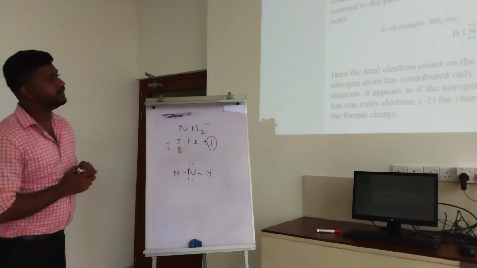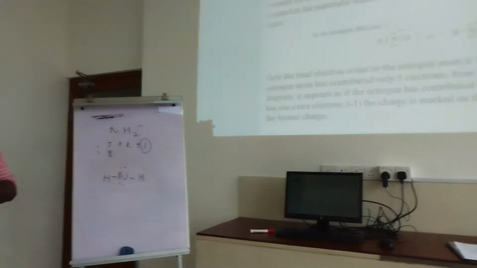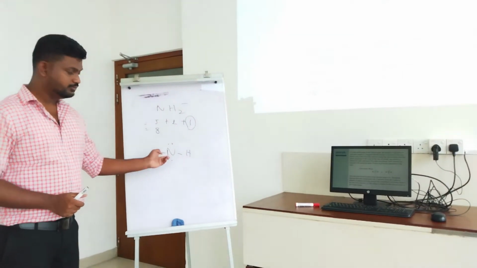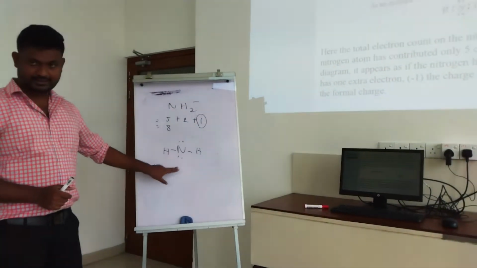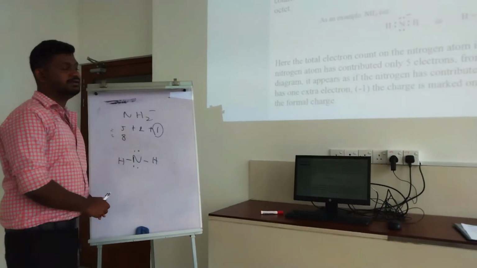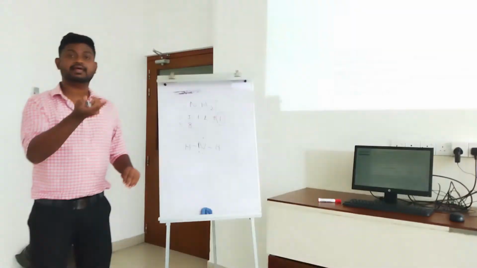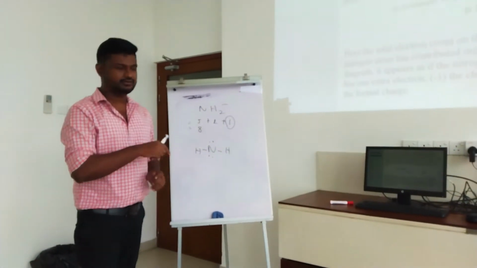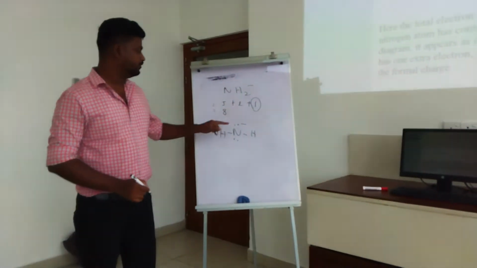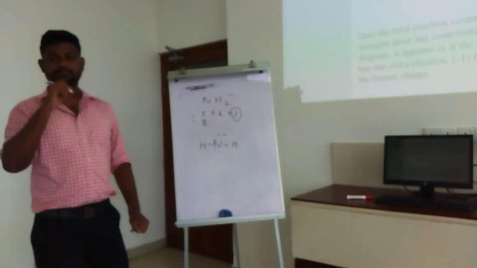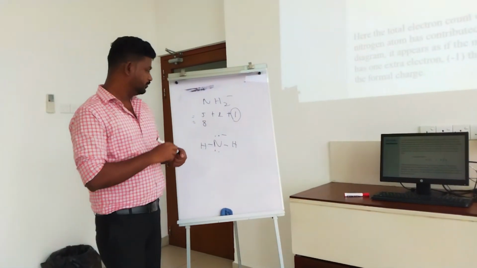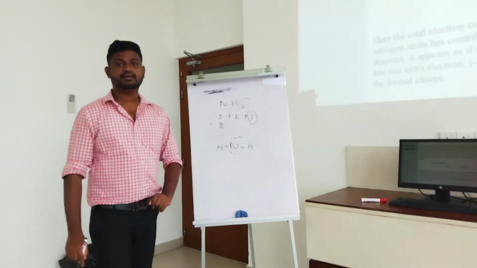Here it has become 6 electrons, because the nitrogen atom has gained one more electron. So you put a charge over here. That charge represents that the nitrogen atom has received one more electron. This is how the NH2 minus structure is represented.